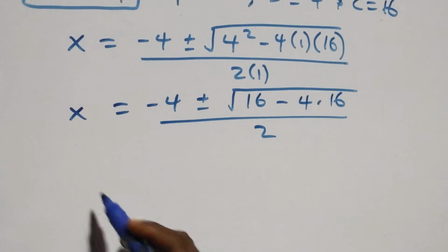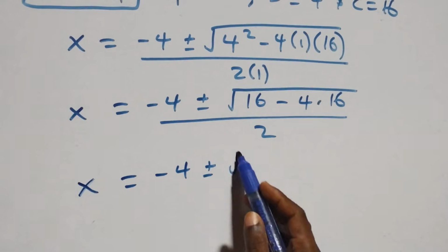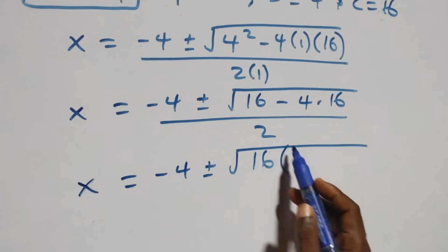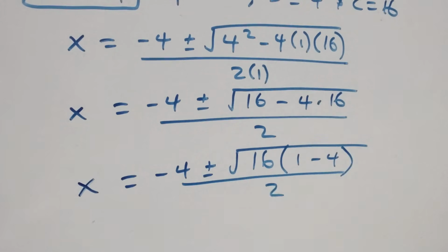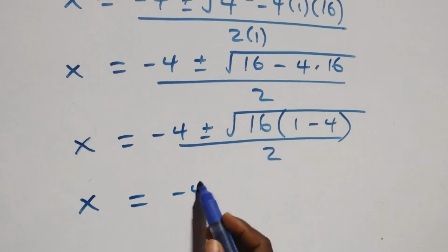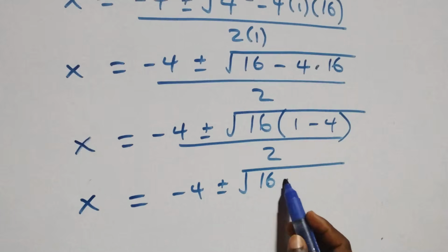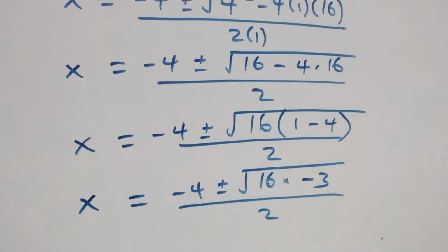Then here we have x equals minus 4 plus or minus square root of 16, which is common here. Factor it out, and we have 16 into bracket 1 minus 4 left here over 2. That is, x equals minus 4 plus or minus square root of 16 times 1 minus 4, minus 3, over 2.